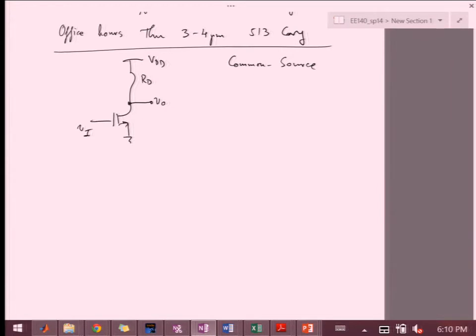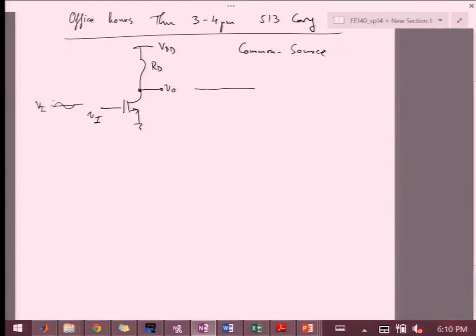What I'm trying to do most of the time with these amplifiers is take some small signal here that I'm trying to amplify to the output. This signal will have the bias point VI, and then the small signal will be vi on top. Here we'll have the bias VO, and then the opposite phase, this will be my vo.